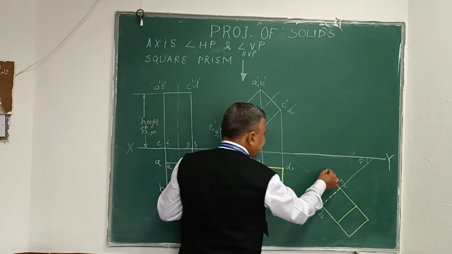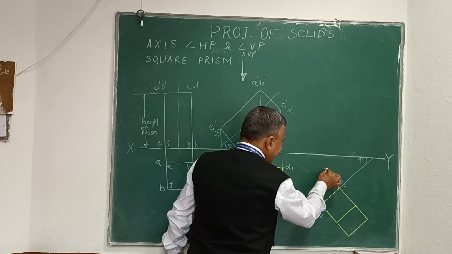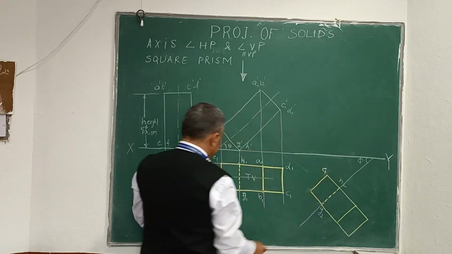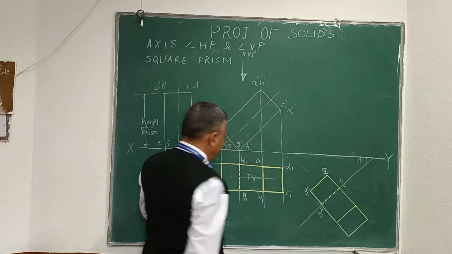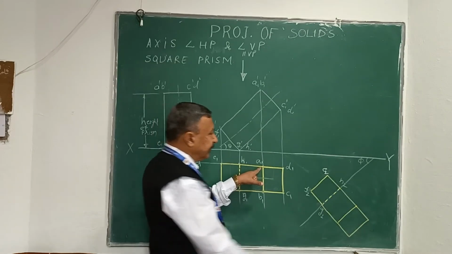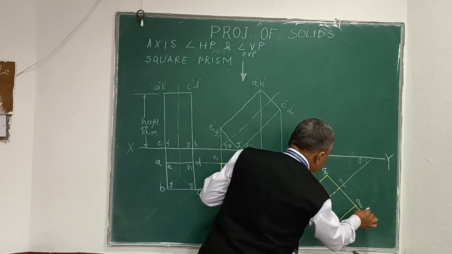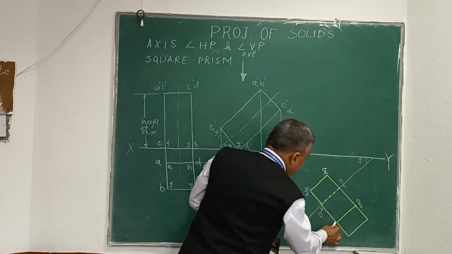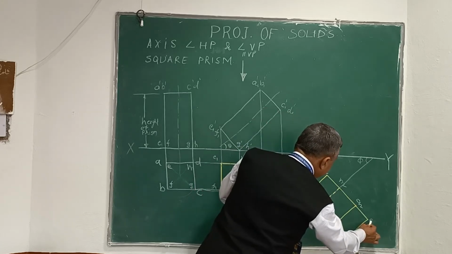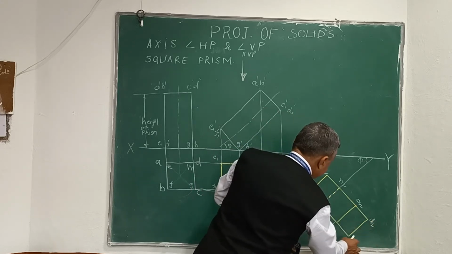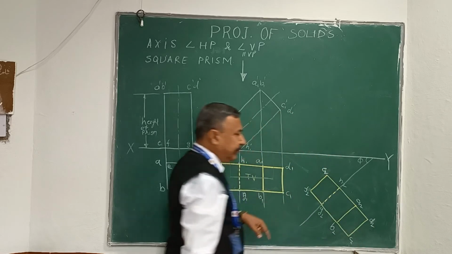Points: this is E1, this is F1, sorry, so we write here F2. This is A1, so we write here A2. This is B1, we write here B2. This is D1, we write here D2, and this is C2.